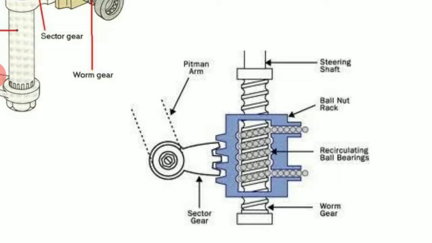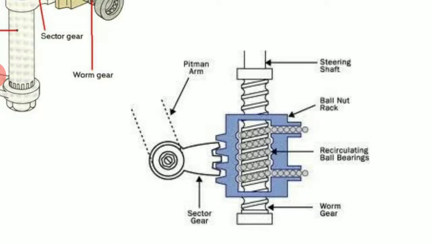The steering shaft is rotated, and worm gears are provided on the steering shaft. There is a ball nut rack, and through that ball nut rack, steel balls are provided. These are recirculating ball bearings, so the balls will be circulating within that ball nut rack.